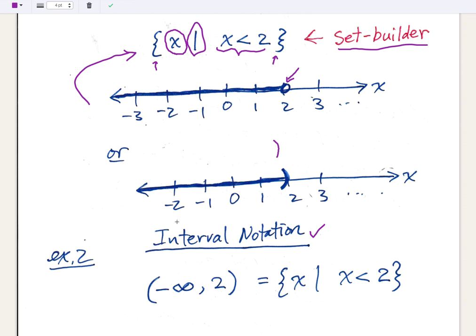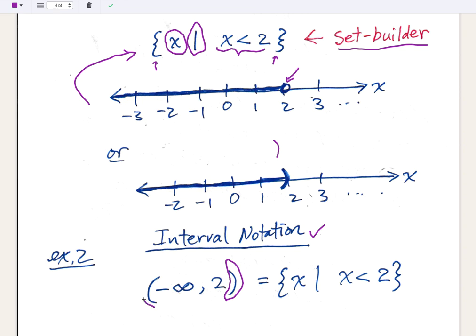So this is going to be everything from -infinity up to 2. Now, in interval notation, just like this notation above, if you're using parentheses, that means you're going up to 2, up to whatever that number is, but you're not including it. So it's like this open dot situation. So this means we're going all the way up to 2, but not including 2.